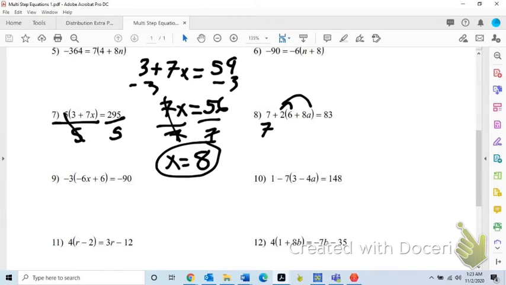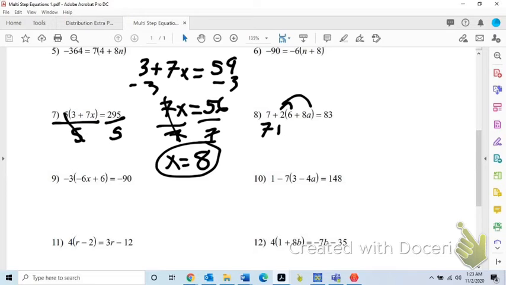And when we have those extra numbers there, like we do on 8 and 10, really distribution becomes the only way to go. Because if we try and divide first, we're going to end up with some really nasty fractions. So dividing first is fine for problems like number 7, but would be an ungodly mess on number 8.